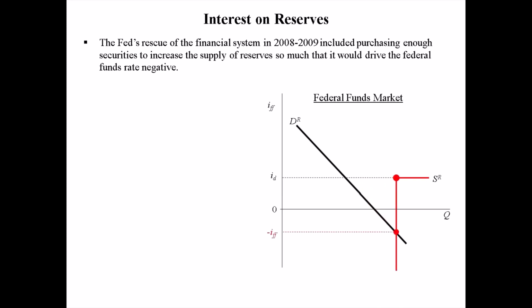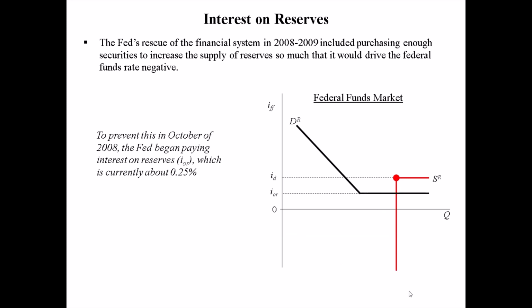Now the Fed had to do a massive purchase of mortgage-backed securities, and so I suspect that when it analyzed this with theory, that massive purchase of mortgage-backed securities would have pushed the federal funds rate into negative territory. So what the Fed did with interest on reserves is it kinked the demand curve at interest on reserves.